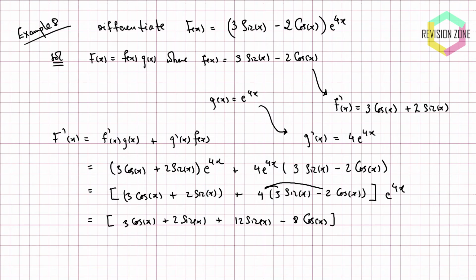So once we have that, the e to the 4x is just on the outside, and at this stage we can start to combine the cosine with the cosine and the sine with the sine. Obviously, the 12 and the 2 is going to give me the 14, so I'm going to have 14 sine x. But then I've got 3 cosine, but I'm taking away 8 cosine, so I'm going to end up with negative 5 cosine, and the square bracket is still there. And then we have e to the 4x.